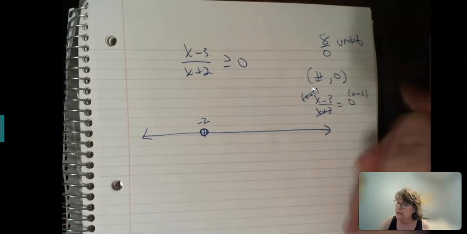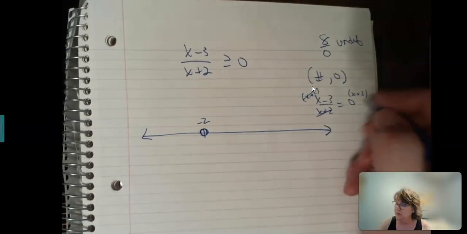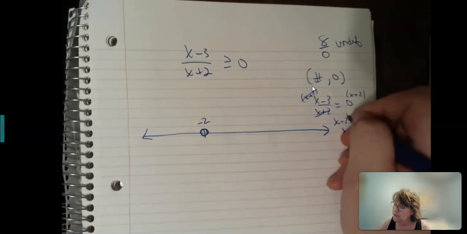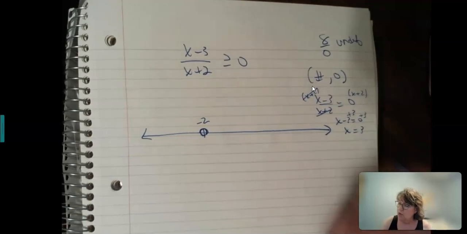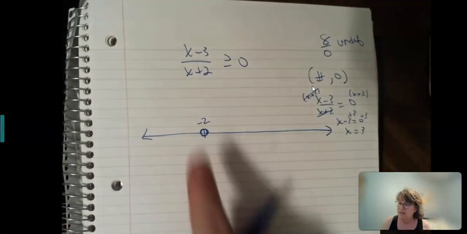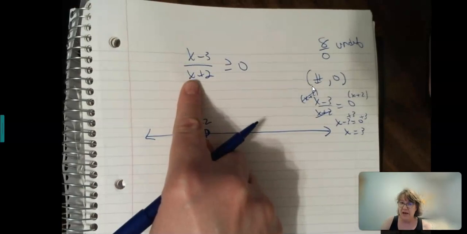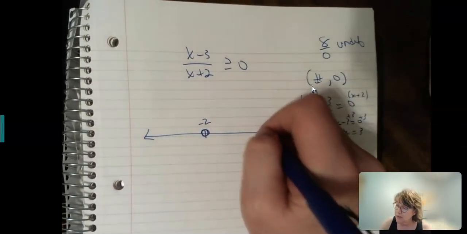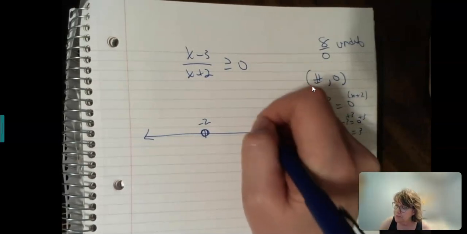But remember, really, if the numerator is 0, the whole thing is 0. So x minus 3 equals 0. Do the inverse, add 3 to both sides. Okay, so we get 3. Now 3 is a legal answer because if I sub 3 in, 0 divided by 5 is okay. So I'm going to put my 3, and that's a solid point.